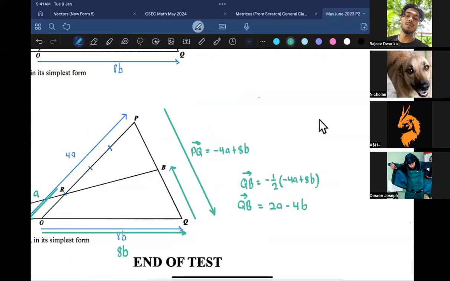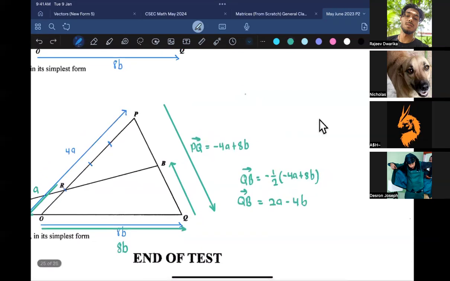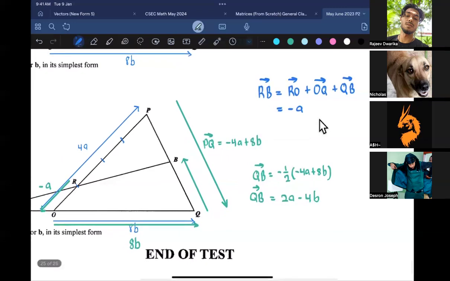If I want to go from R to B, that'll be equal to R to O plus O to Q plus Q to B. So that'll be minus A plus 8B plus 2A minus 4B.